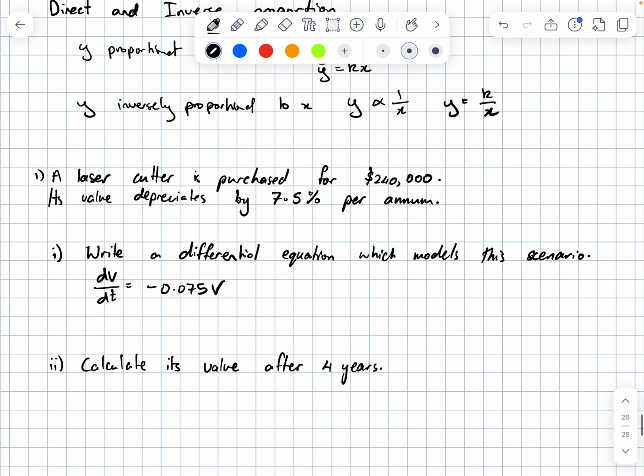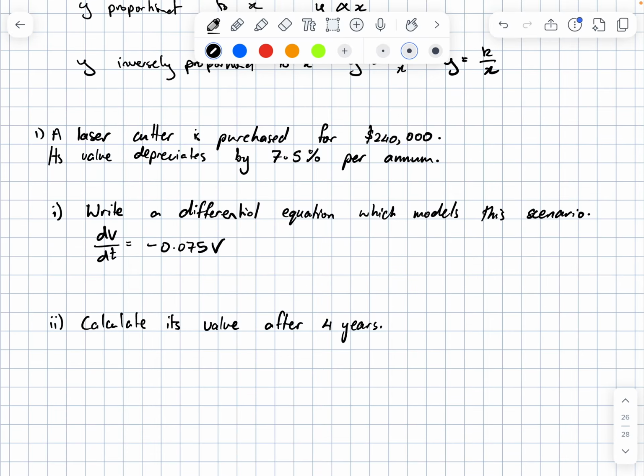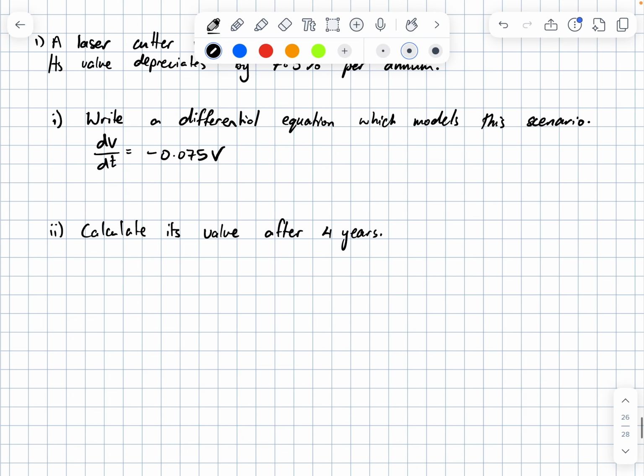That will be our differential equation. Calculate its value after 4 years. Well, we now need to solve this differential equation. I'm going to divide by V to get 1 over V dV equals negative 0.075 dt, and then integrate both sides. That gives us ln V equals negative 0.075t plus c, which if I take the exponential of the right hand side, I get V equals e to the power of negative 0.075t plus c.